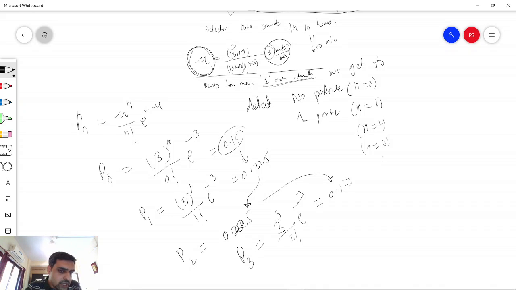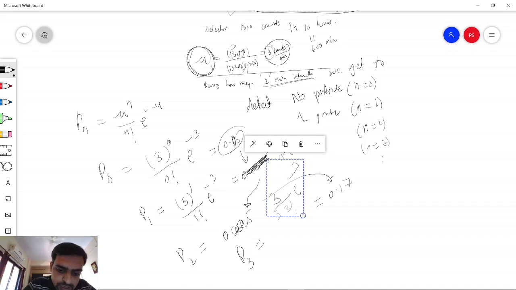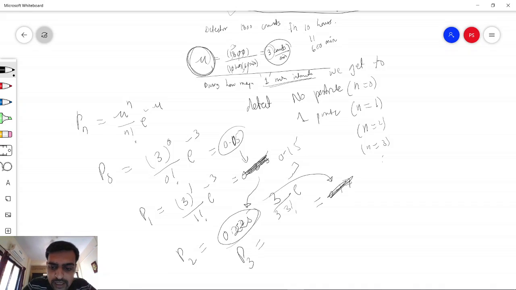P0 is 0.05. P1 is 0.15. P2 is 0.225, that is correct. P3 is again 0.225. P4 is a slightly smaller value, 0.17, right?